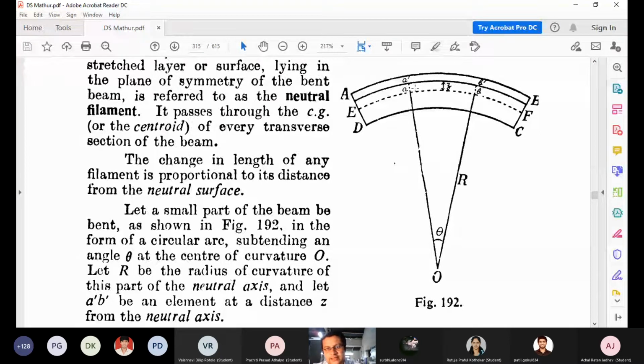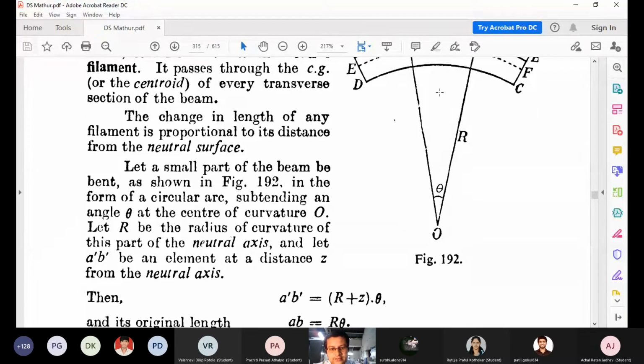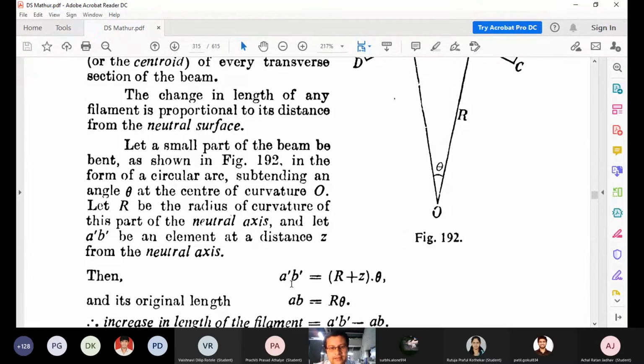So you have a neutral axis over here, AB, we consider a small portion, and A prime B prime will be the changed one, which is at a distance Z from the neutral surface. So what is this A prime B prime?